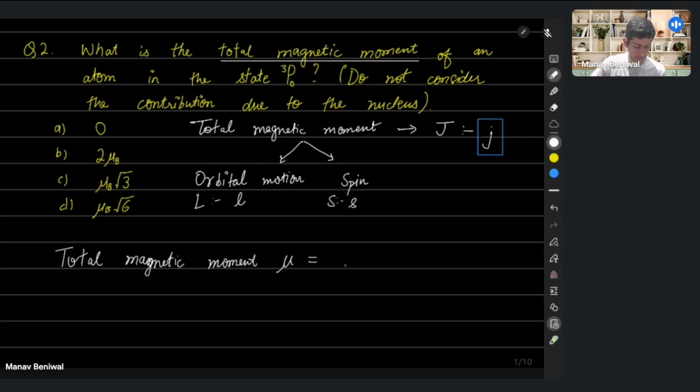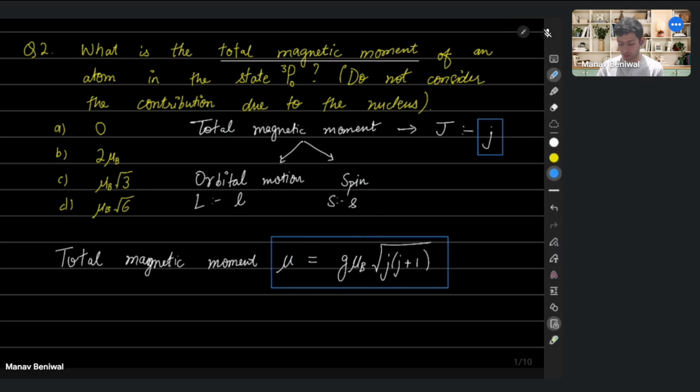That is given by g times mu B times the square root of j(j+1). So once we know J, we can just plug in the value of J in this equation, find out g, and then we will have mu in terms of mu B.